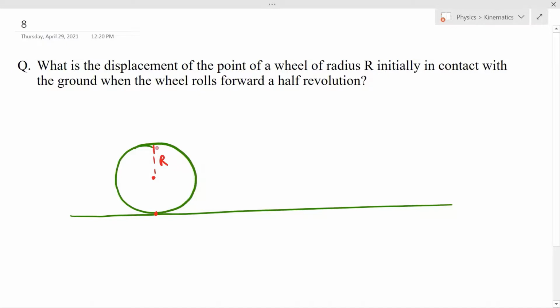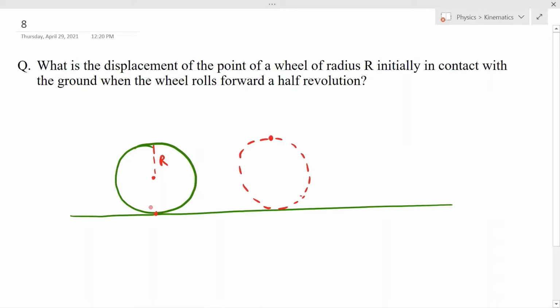So now the wheel will roll and reach some configuration like this. Because it has rolled forward. Now this point will come here at this position. Why? Because it has done a half a revolution.